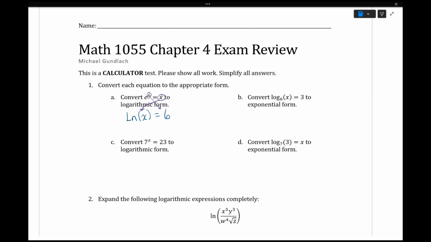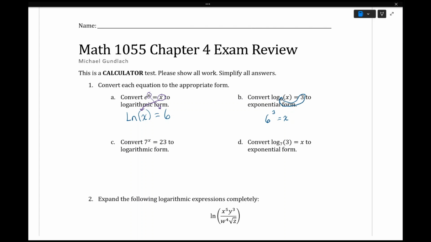Similarly, when we convert log base 6 of x equals 3 to exponential form, that becomes 6 to the third equals x, because x is the input of the logarithm, and now it's the output of the exponential. Another way you can think of it is that I've heard this called the crazy cucumber or telephone method, where you recognize that the 6 to the third is going to equal x.